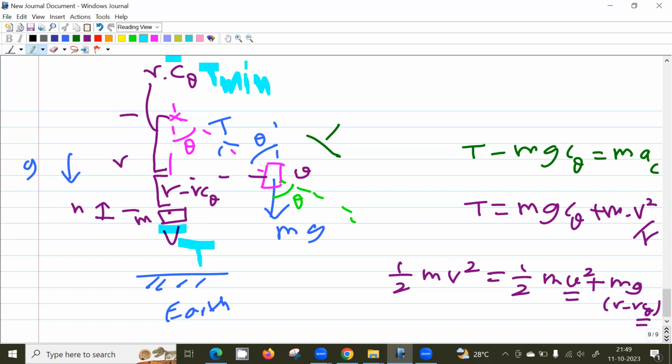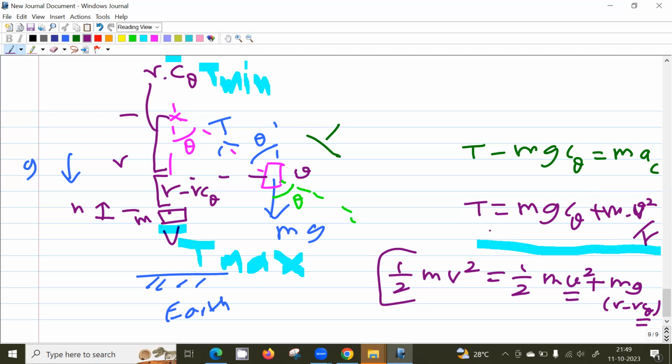I can get theta from here, because here v is also a function of theta. This small v, I can get as a function of theta from this one. So tension is also a function of theta, depending on the position. At the bottommost position the tension is maximum, and at the topmost point the tension will be minimum.